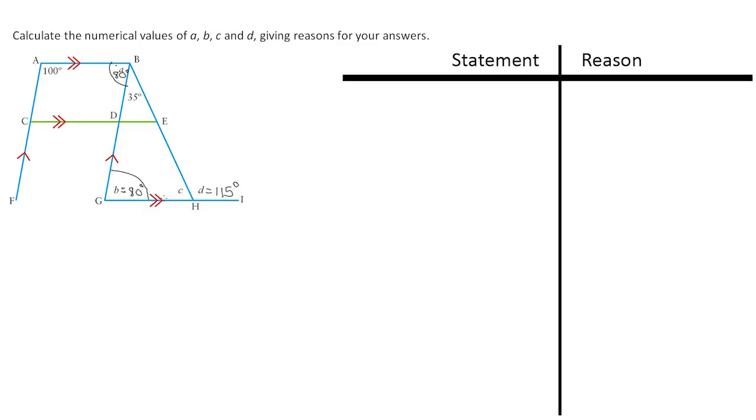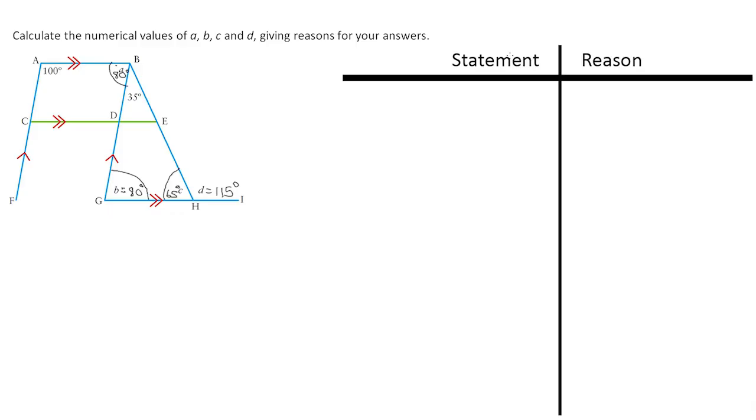So C will be 65. You can even test it from the other way: 65, 70, 100, 180 degrees. On the diagram, we have now solved all the values of A, B, C, and D. But that means nothing. We now need to write down why we have done that.